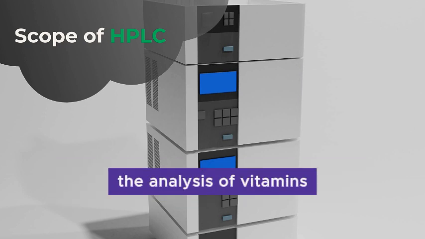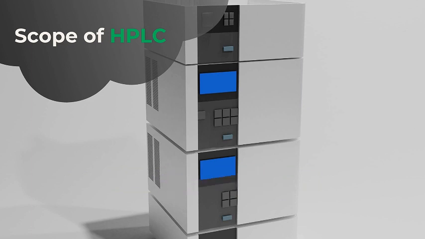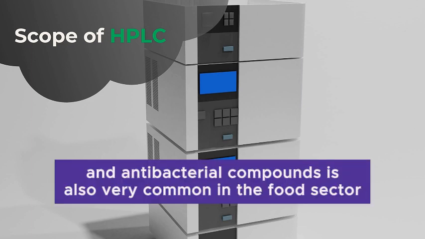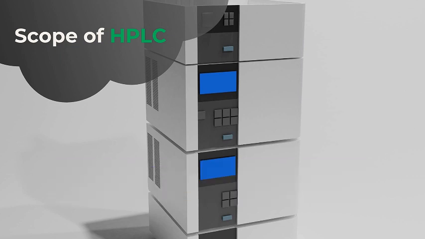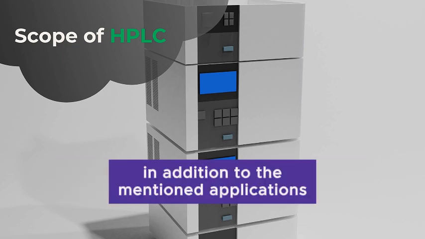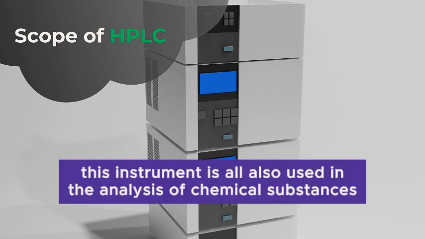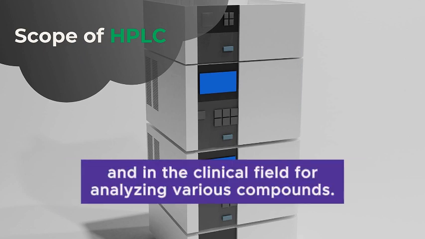The analysis of vitamins, fatty acids, and antibacterial compounds is also very common in the food sector. In addition to the mentioned applications, this instrument is also used in the analysis of chemical substances, environmental analyses, and in the clinical field for analyzing various compounds.